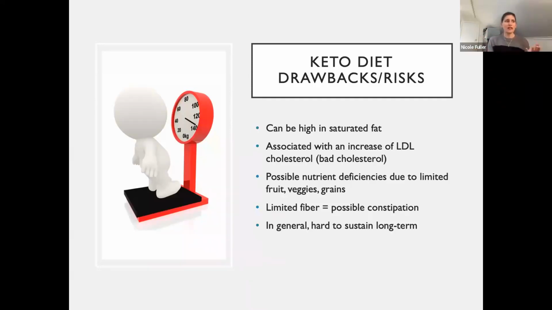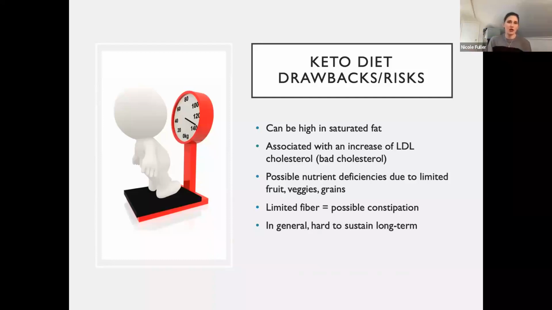And if you're following this diet, again, it's limiting food groups or avoiding some food groups altogether. So there could be possible nutrient deficiencies because you're not eating a lot of fruit, you're eating some veggies but not a lot, and grains are almost eliminated. So with limited fruits, vegetables, and whole grains, it could lead to constipation.